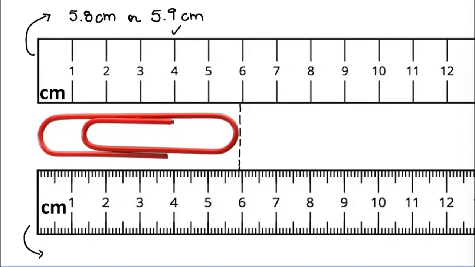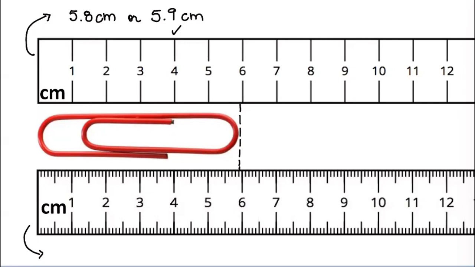Now, when it comes to the bottom ruler, we can see that this is at 5.9, so we can say 5.89 or we can say 5.90. So for the bottom ruler, we need 2 decimal places. And remember that the reason why we need 2 decimal places is because the bottom ruler has markings.